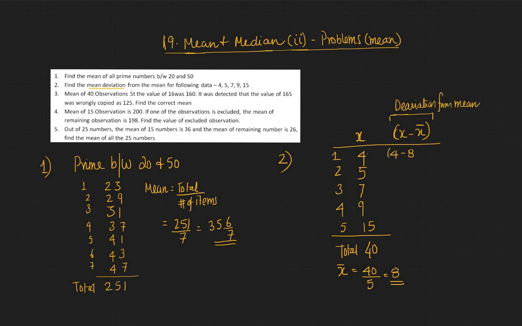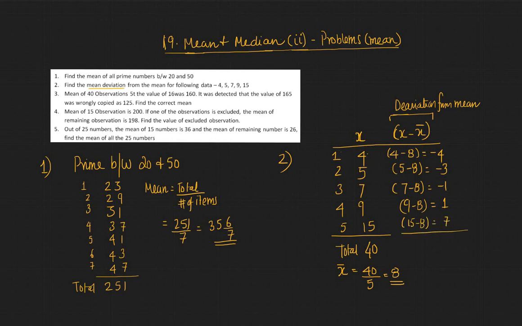So 4 minus 8 is minus 4, similarly 5 minus 8 is minus 3, 7 minus 8 is minus 1, 9 minus 8 is 1, and 15 minus 8 is 7.